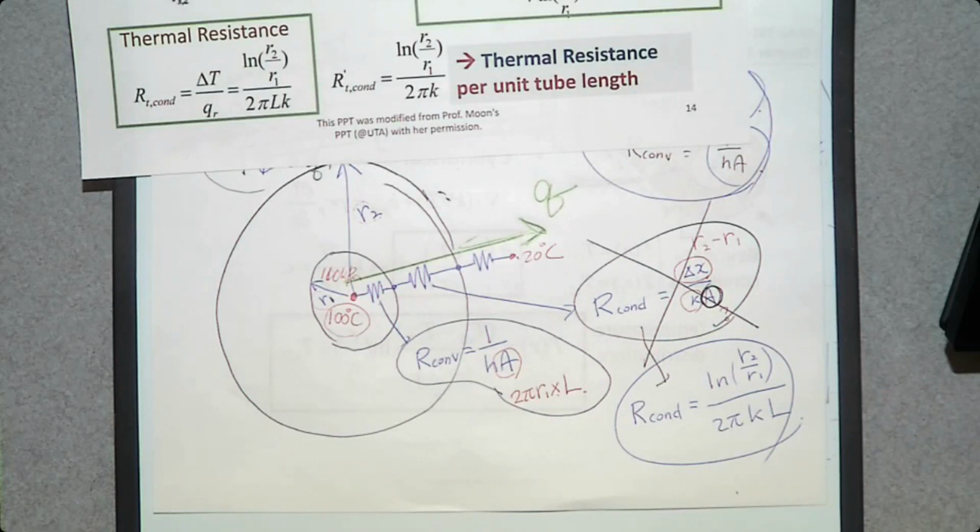Convection resistance is the same, but conduction resistance is different between the Cartesian and cylindrical coordinate systems. Okay, that's the only difference.